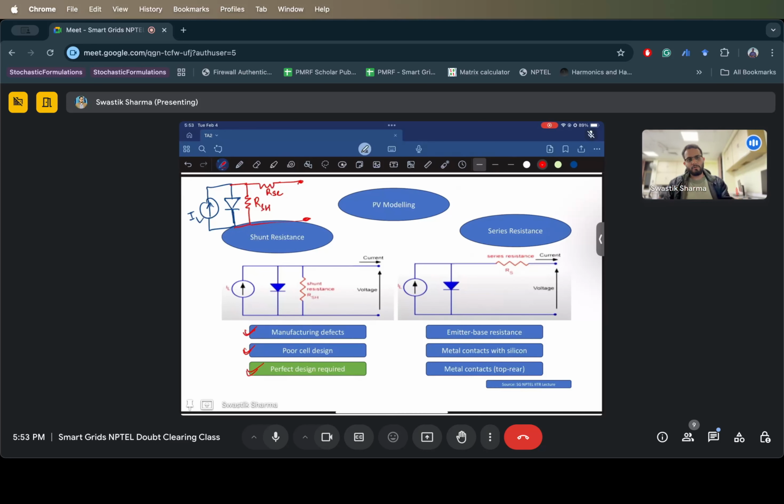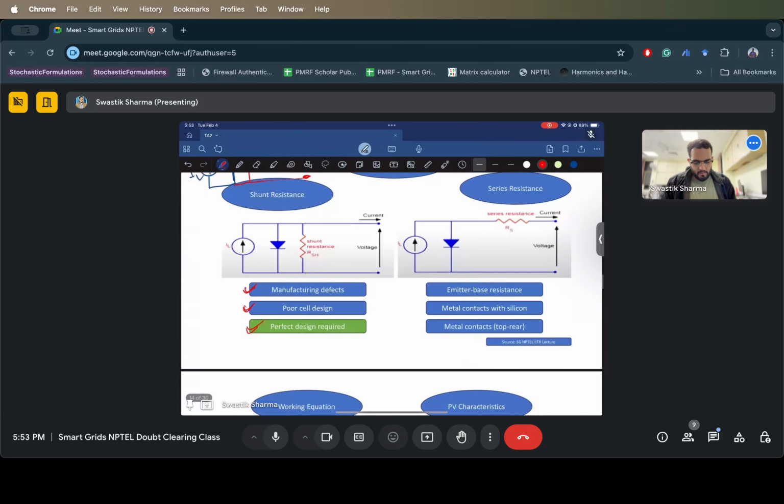So some kind of a metal contact can happen, and these metal contacts add to the resistance, right? And at the top, where you're connected to your system, it can cause some kind of a loss over there. And your emitter base resistance, because from there you're getting the drift current, right? It is always there, and this contributes to the loss in the PV cell, right?